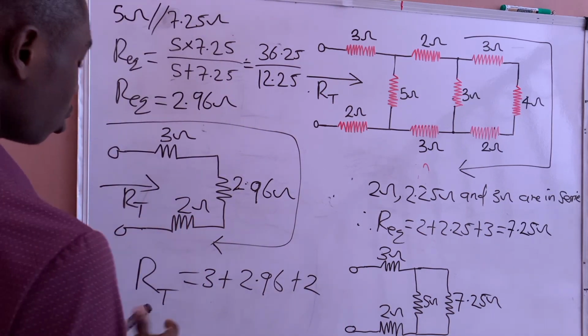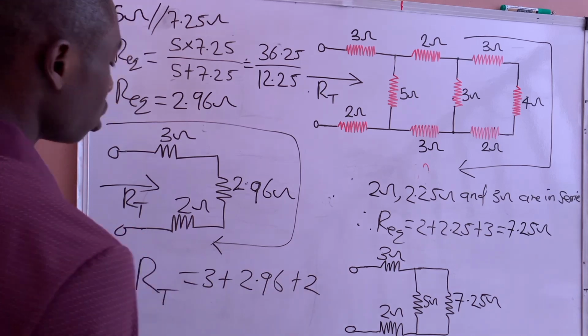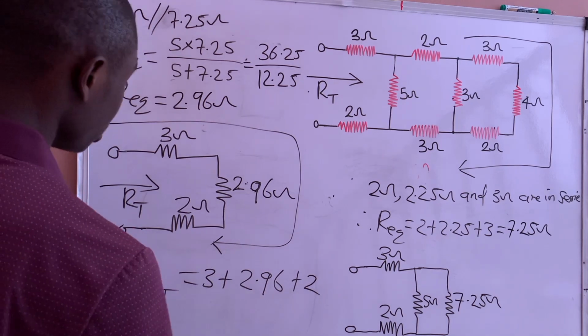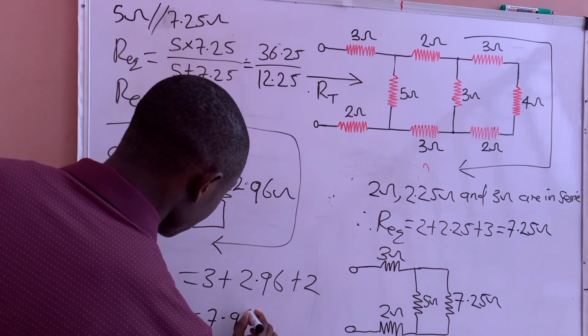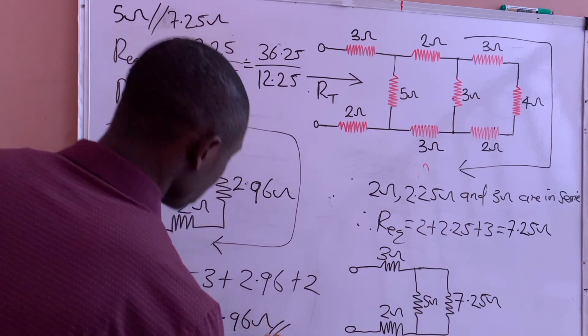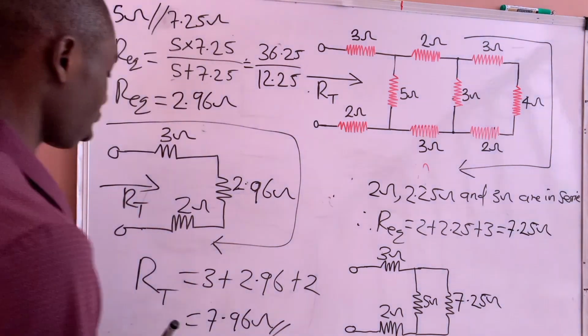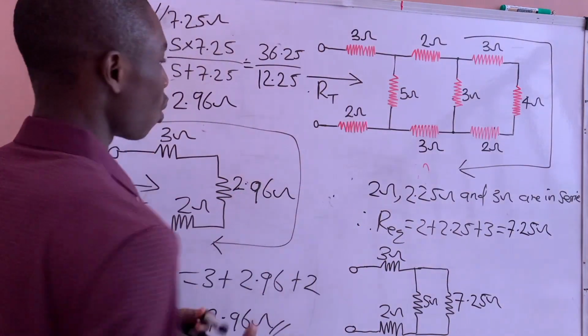So 3 plus 2 is 5, 5 plus 2 is 7, so it will be 7.96 ohms. This is the equivalent resistance of this network.